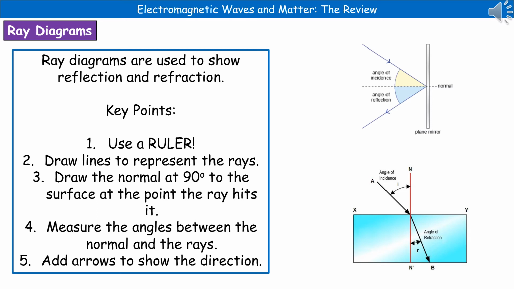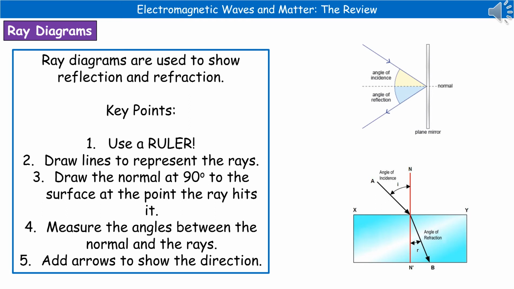When we actually come to draw our diagrams, obviously it depends on what we're drawing as to how it's going to be set out. So if we consider reflection first of all, the top diagram there, then what we can see is that we've got our angle of incidence at the top. Now that's the angle between our normal line and our incident ray, the one that comes in.